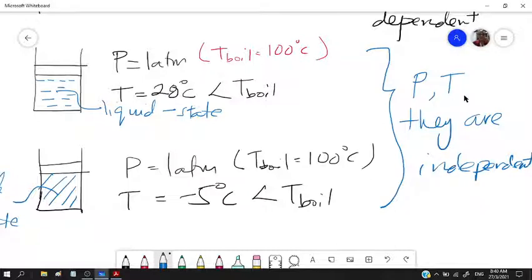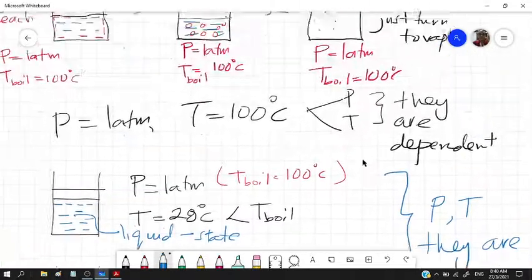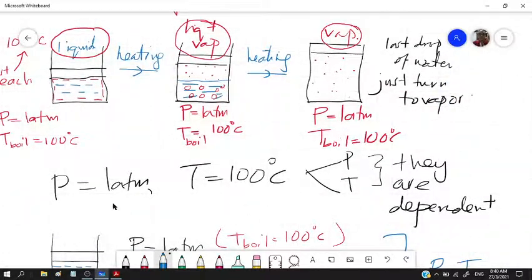But as far as the state is concerned, when the given pressure is 1 atm for water, then we know that the T boil for water is equal to 100 degrees C, and in this case T is equal to the T boil.